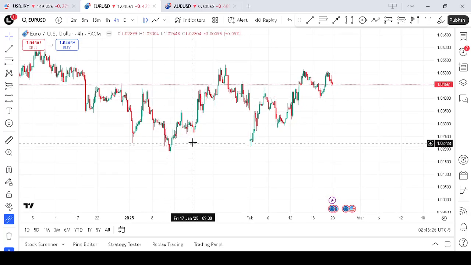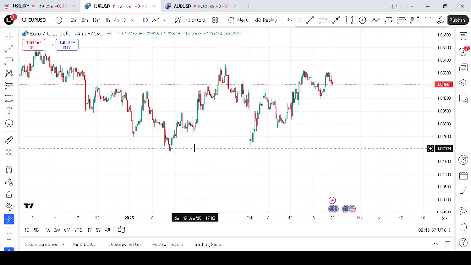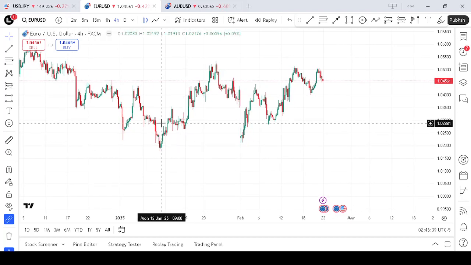Now, what are unmitigated order blocks? Unmitigated order blocks are areas on the price chart where significant institutional buying or selling has occurred, but the price has not yet returned to retest these zones. These blocks represent unfulfilled institutional orders that create imbalances in the market, making them key levels where price is likely to react in the future.